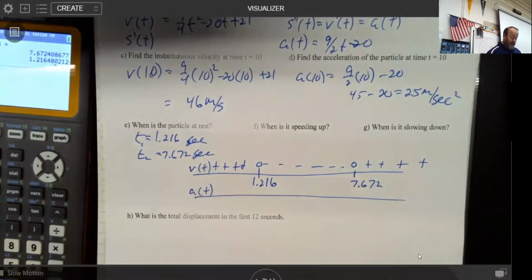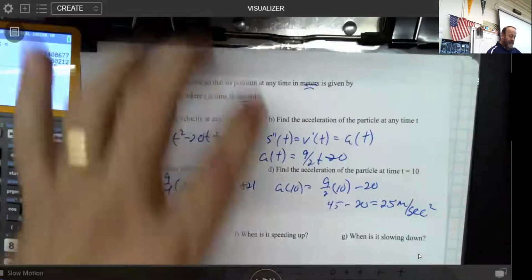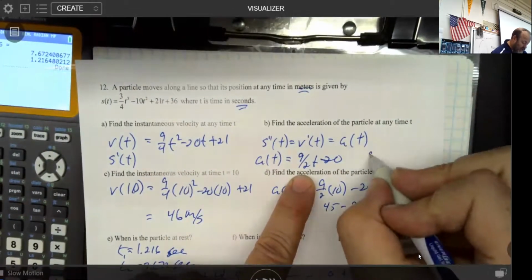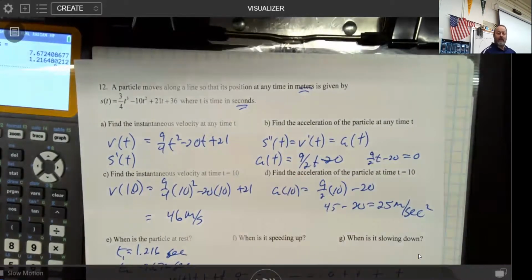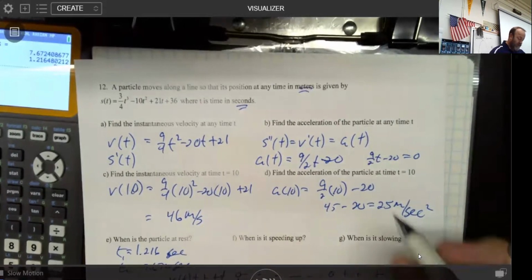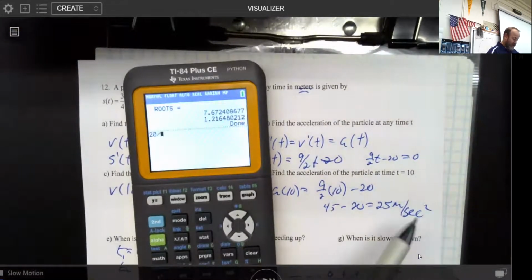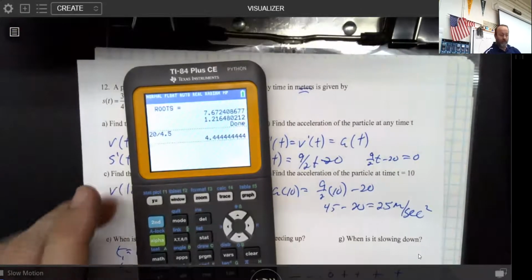Going a little bit further, I could look at my acceleration function right here, which was 9/2 t minus 20. I want to figure out when that value would be 0. If I move that 20 to the other side and divide by 4.5, that happens at 4.444.